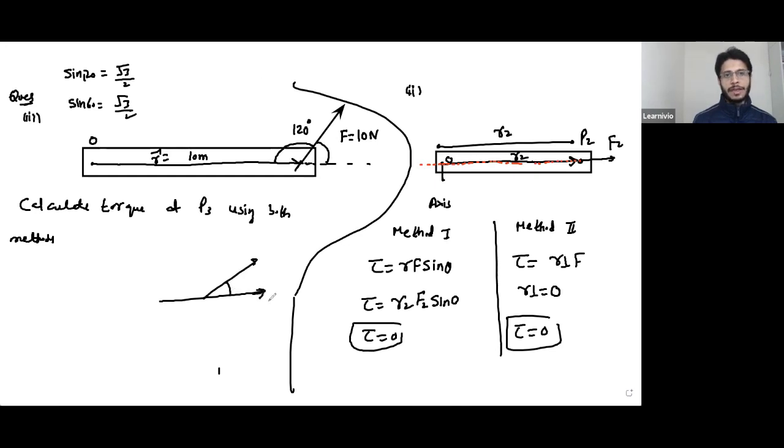So if I take this as vector R and this as vector F, then the angle between the vectors is this, not this one. In vectors, the angle is always in between the arrows. This is the direction of the first arrow, this is the direction of the second arrow. The angle between both arrows is this one, 60 degree. That's the first mistake.